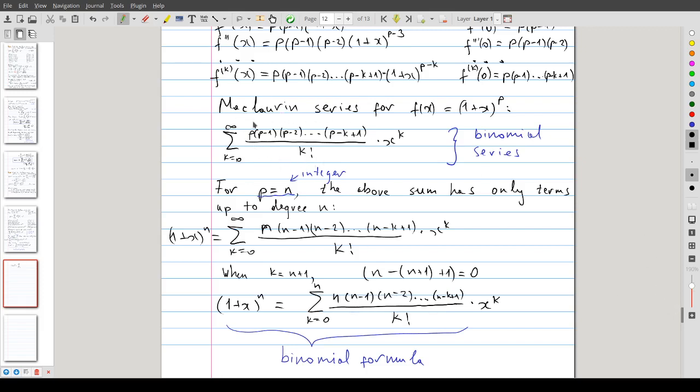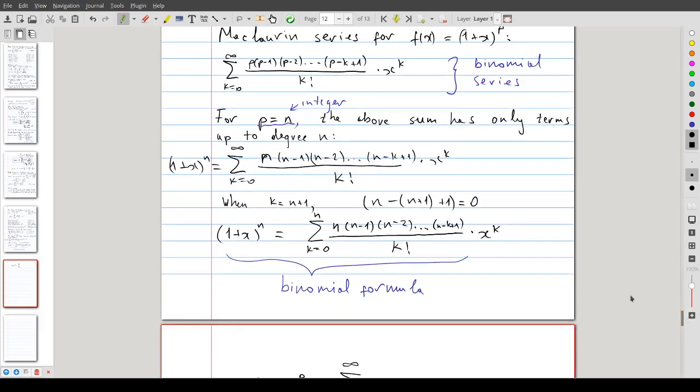We will call this binomial coefficient, because for the integer case, we can write this finite sum as n factorial divided by k factorial times (n minus k) factorial times x to the k.